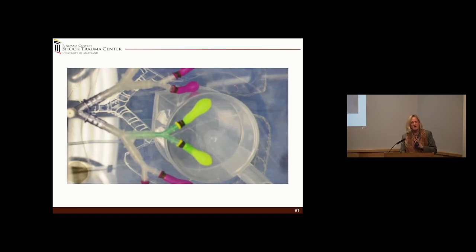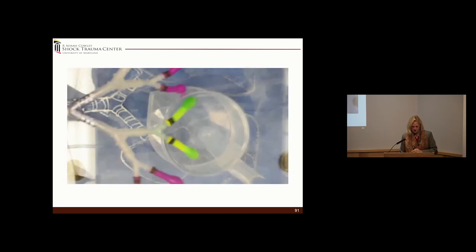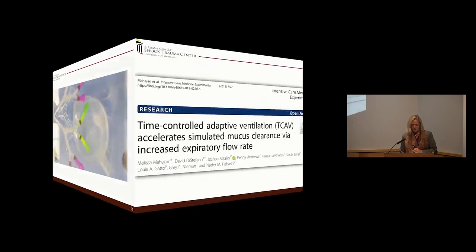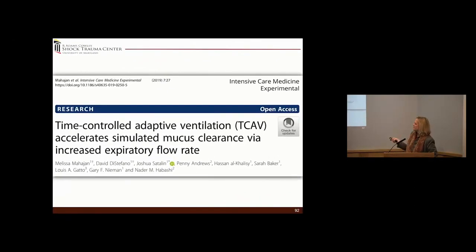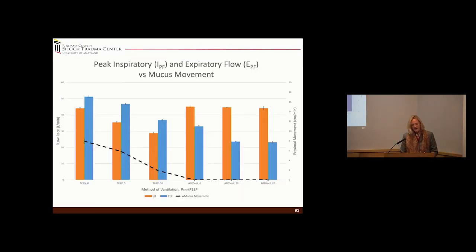So this was a plastic model, okay? We actually translated this and looked at TCAV using simulated mucus in pig lungs. And what we found was essentially the same thing: as the flow rate increased, the movement of secretions increased.